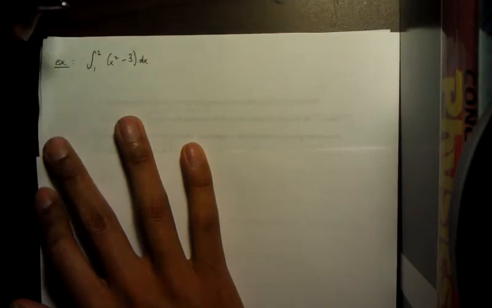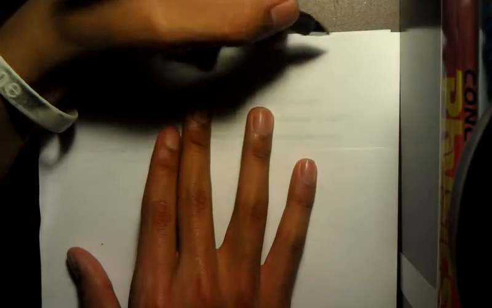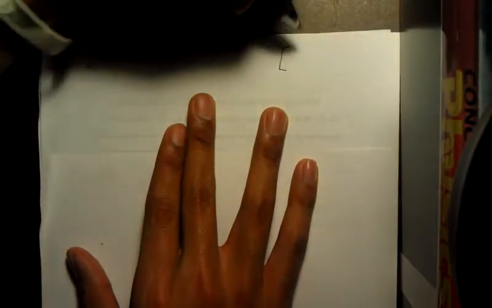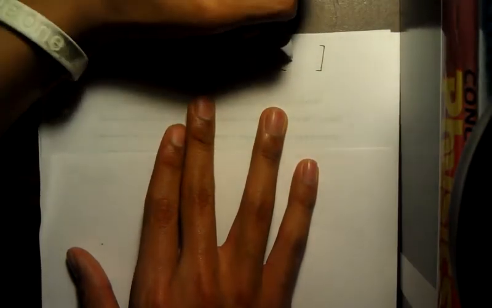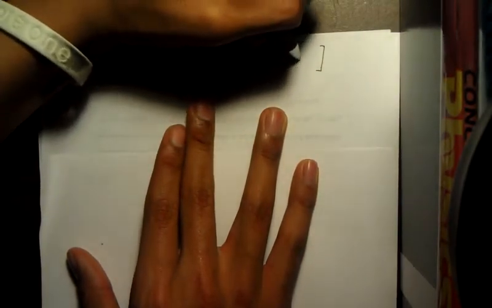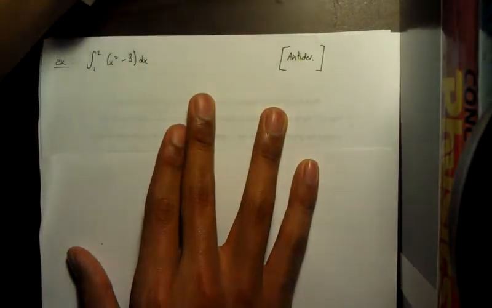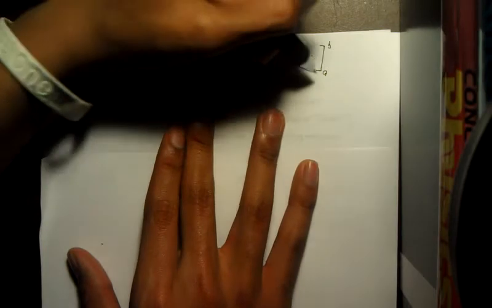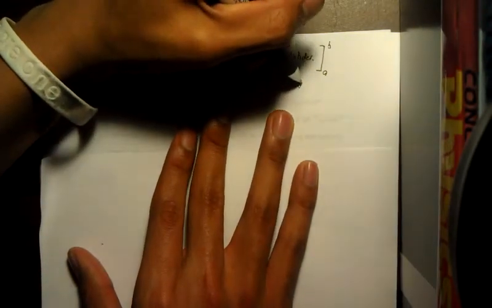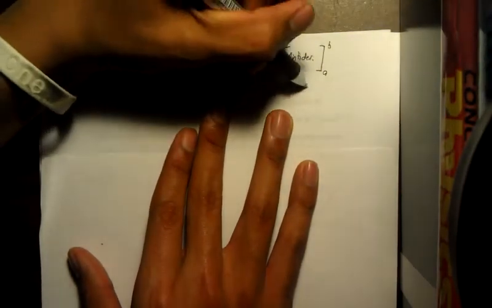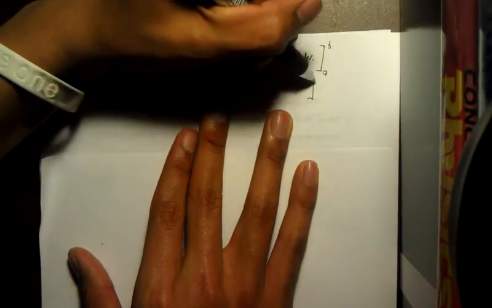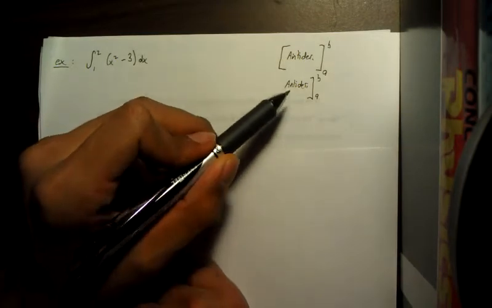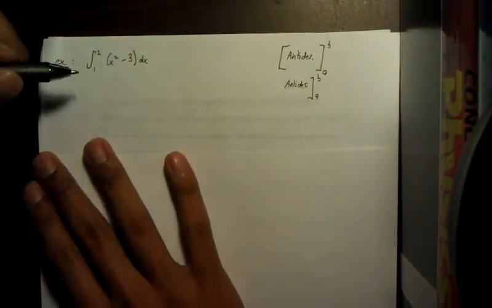With the fundamental theorem of calculus, usually you'll see it like this, and then you'll have your antiderivative in here with a and b right there. It may also just be the antiderivative, and then they might just have one side. But these two just indicate the fundamental theorem of calculus.